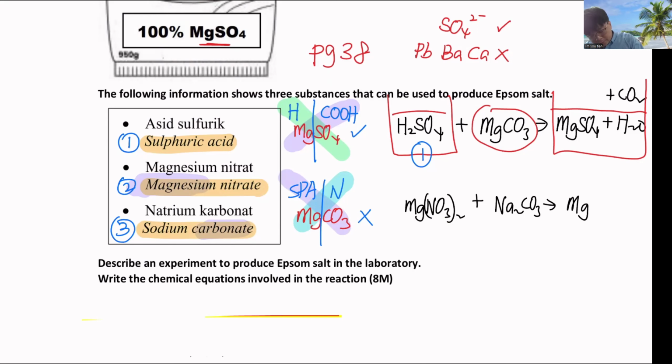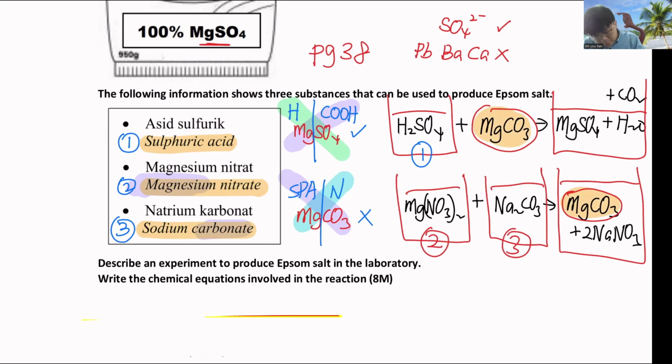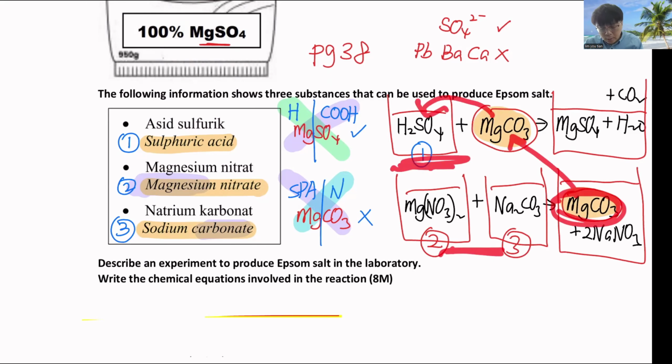Then you get magnesium carbonate plus sodium nitrate. So same concept: you take the second and third chemicals, mix them together to get your magnesium carbonate. Bring your magnesium carbonate here, react with the first chemical, sulfuric acid, and you'll get magnesium sulfate.